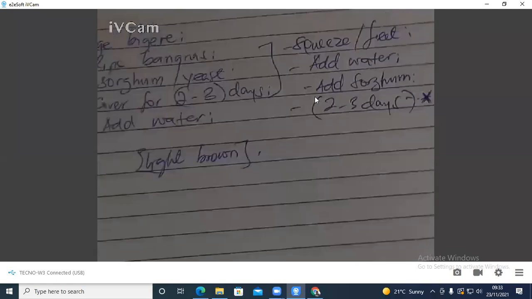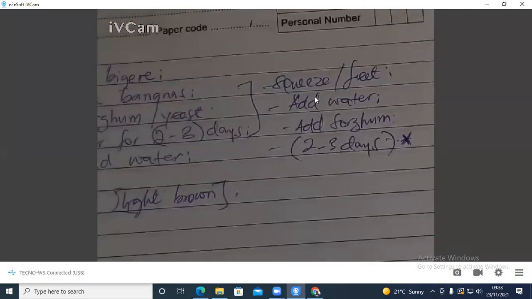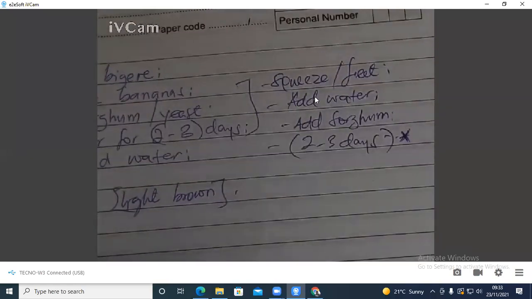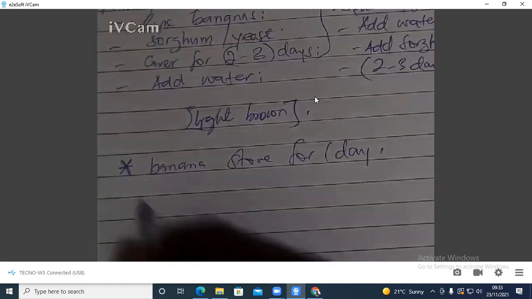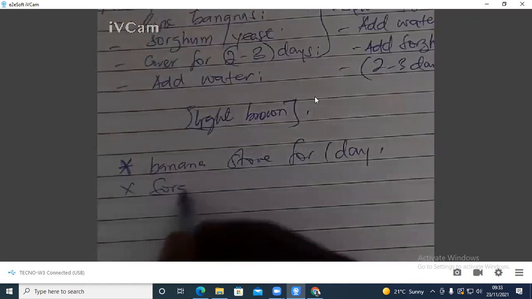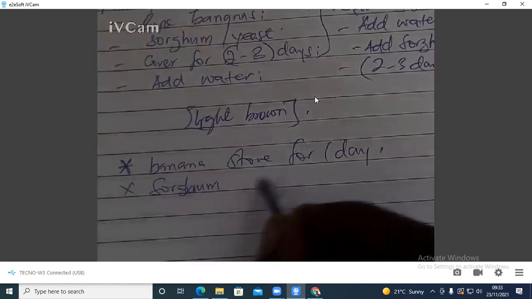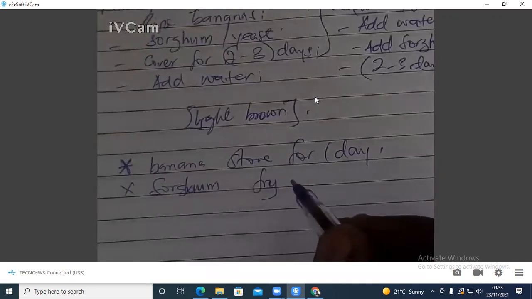They told me you get bananas, you store them for one day. Then you get sorghum and fry it, like it becomes powder.